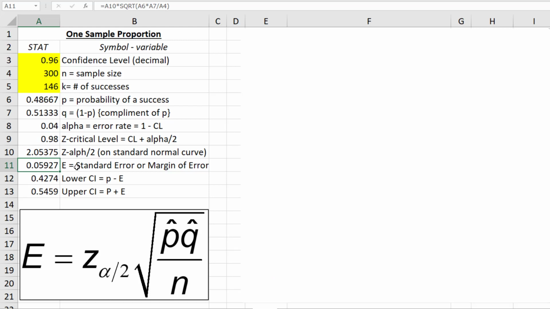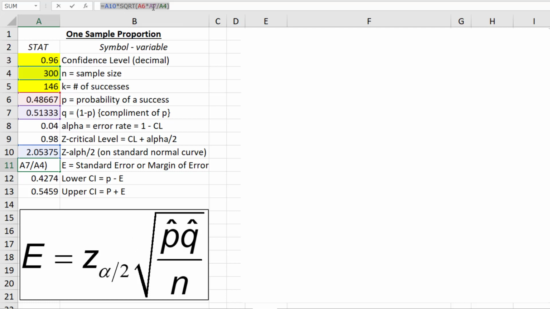Now, all I have to do is calculate my margin of error, or what's sometimes called standard error, and that's using this formula. So we're basically just going to write this formula in Excel, but use references to other cell values rather than typing in what the Z alpha is, what the P hat is, Q hat, and so on and so forth. So it just equals my Z of alpha over 2, which is the value in A10, and then times, so I've got to put the asterisk in there.